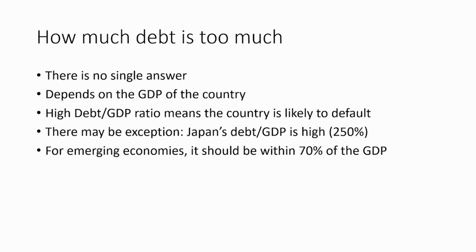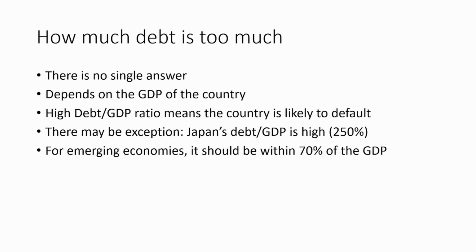That means if Japan's GDP is about 5 trillion, 250% of that means you multiply 2.5 by 5, which is about 12.5. Okay, so that means 12 or 13 trillion US dollars is the debt of Japan, which is still fine because Japan is a quite stable economy.